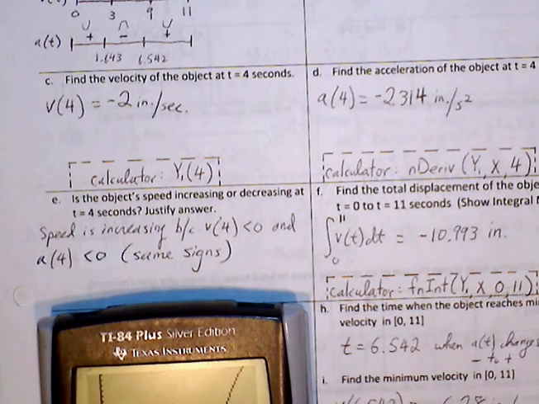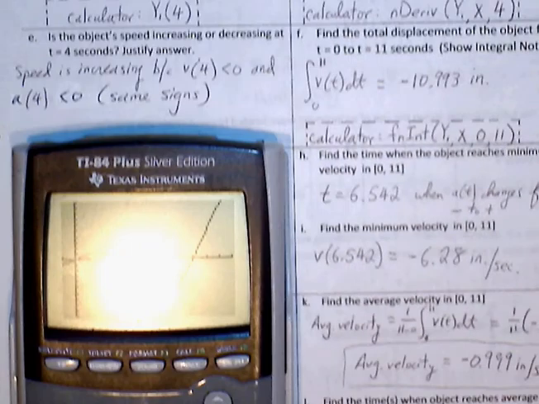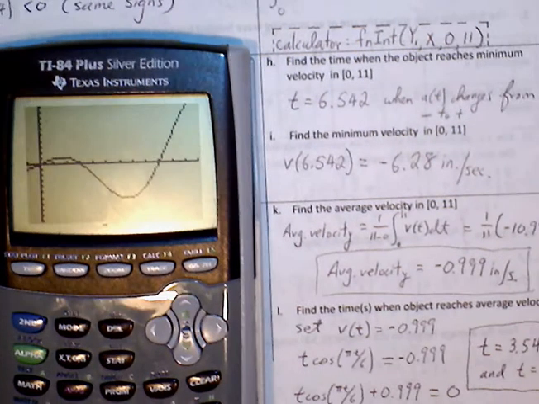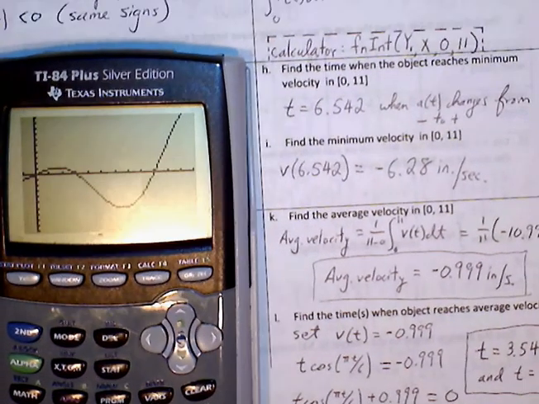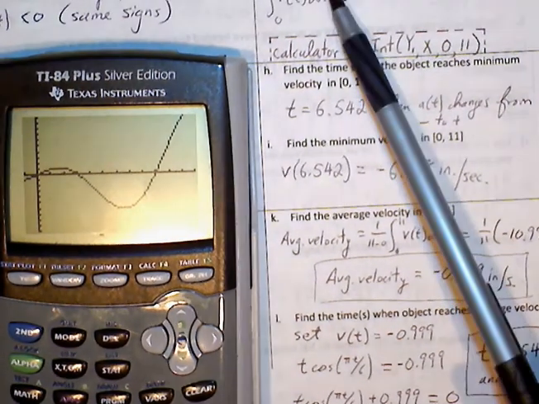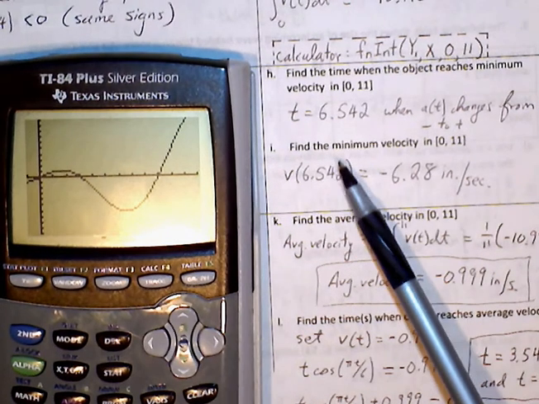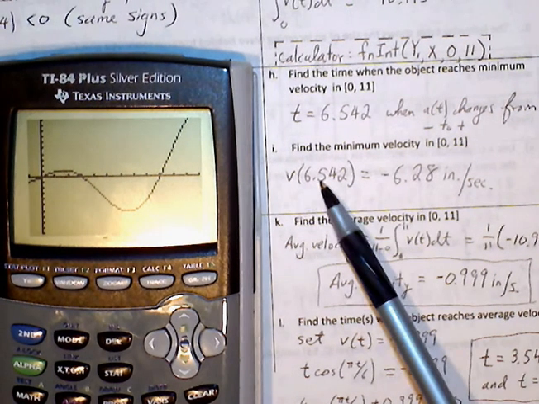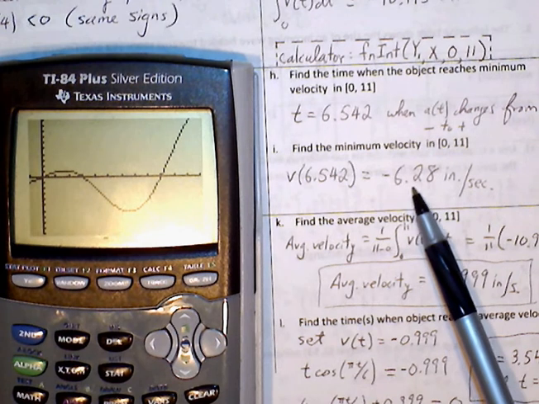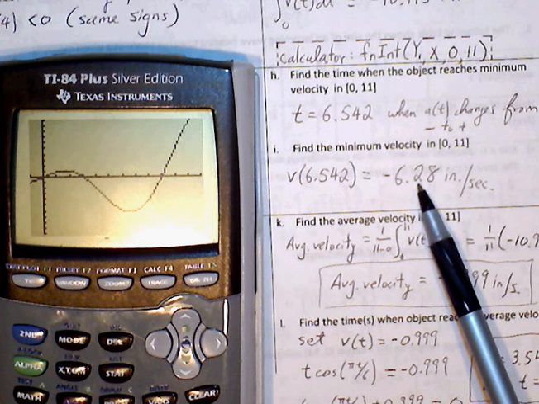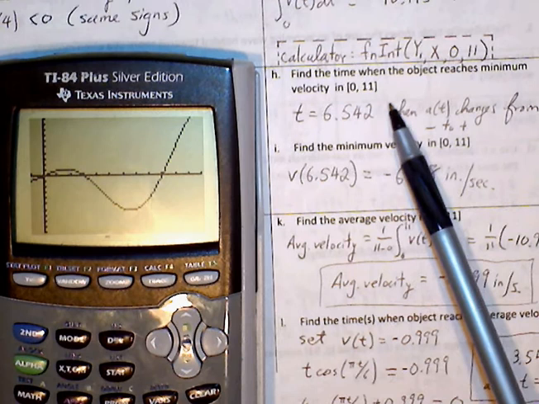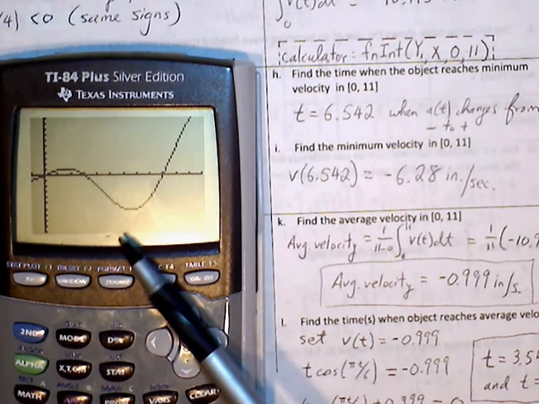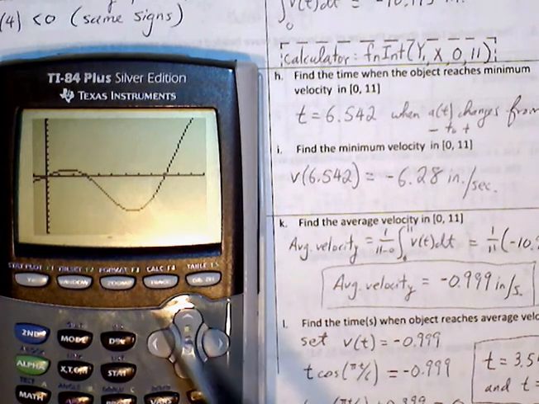If we go through the minimum feature to identify the y value, we're going to see that the velocity at 6.542 is negative 6.28 inches per second. So we're just trying to find the ordered pair at this point.